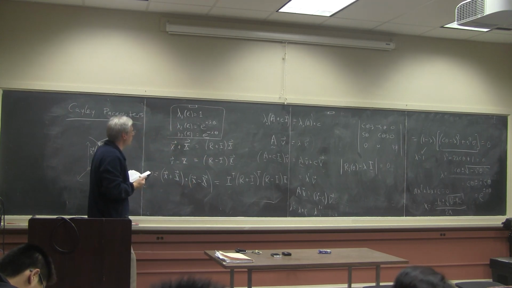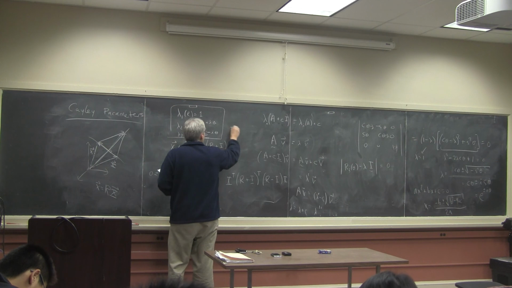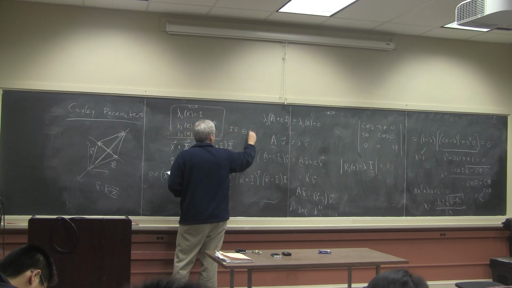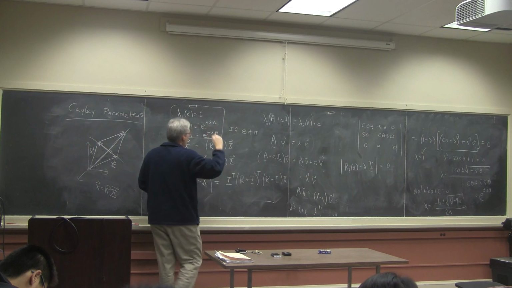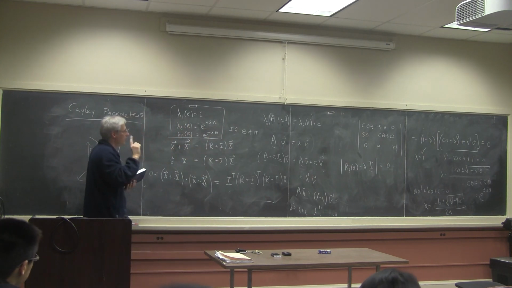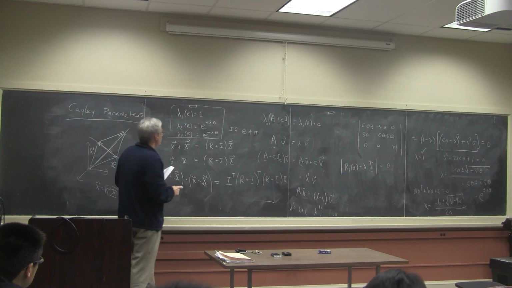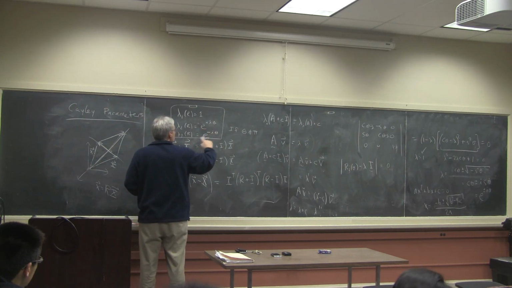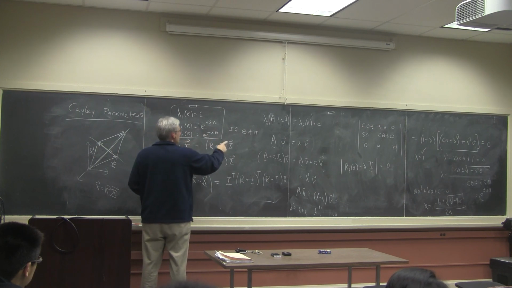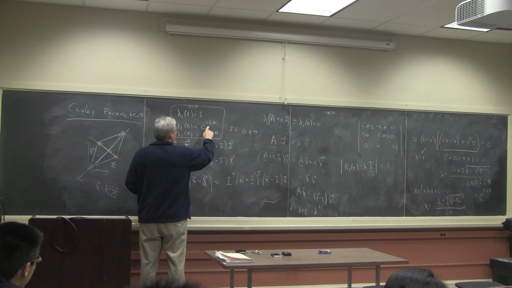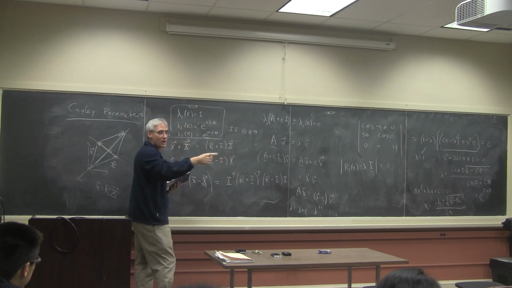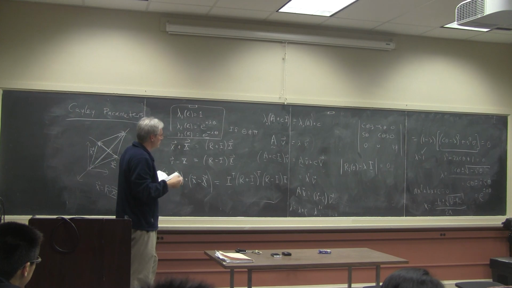And the reason why that's important is because if theta is not pi, theta can be anything else in the range 0 to 2 pi, but as long as it's not pi, then all of these are going to be non-zero numbers. If theta is equal to pi, then these are going to give me negative 1. And when I take negative 1 and add it to 1, I'm going to get 0. And if I have eigenvalues that are 0, then I can't invert the matrix.